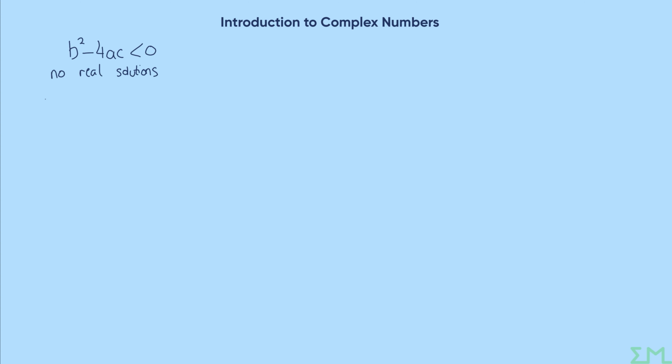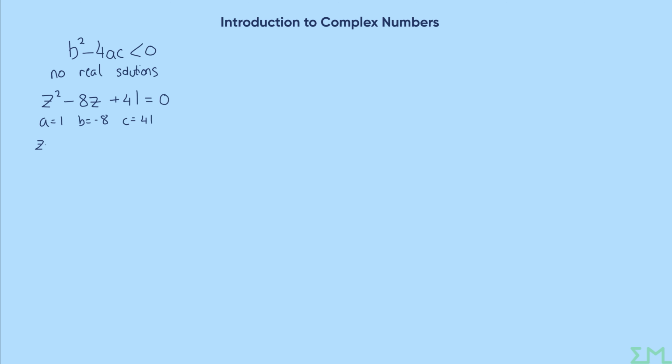So the quadratic that we're going to use as an example today is going to be z squared minus 8z plus 41 equals 0. So let's see what happens when we try and solve this. We're going to use the formula. So we've got a is 1, b is negative 8, and c is 41.